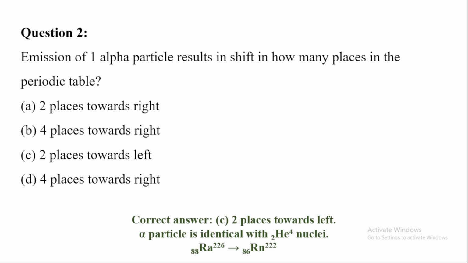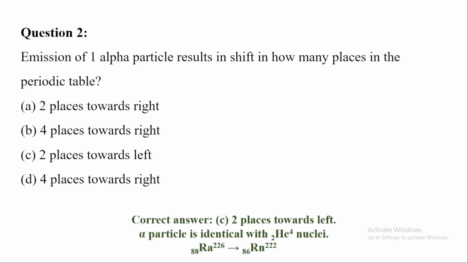The mass number will decrease by 4, because the mass number for helium is 4. So if you see the mass of radium, 226, it decreased to 222 upon alpha particle emission.